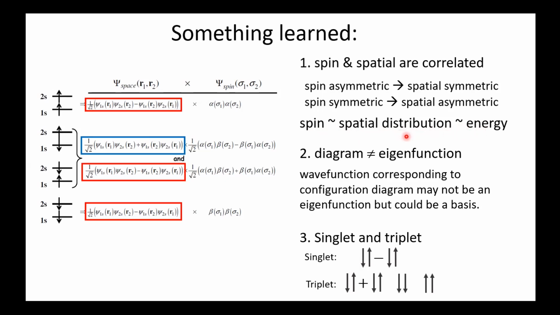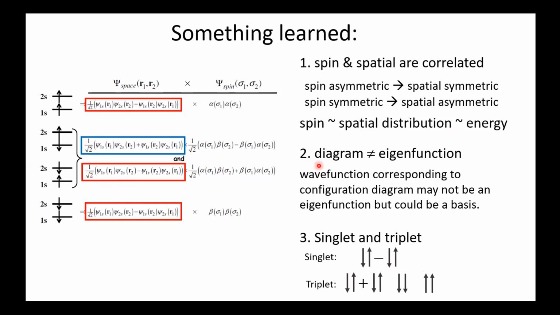Because we know if we have too much electron in a compact space, then we have a lot of repulsion, and the energy will shoot up. And if we have electrons distributed over a large volume or space, then we do not have too much repulsion, and the energy will be low. So these three terms are correlated intrinsically. This is point one we can get from these answers to the two-electron system.